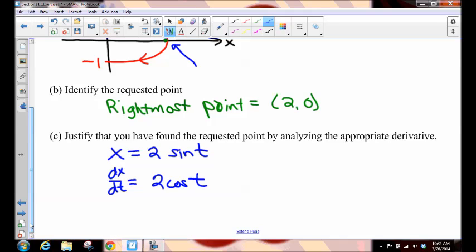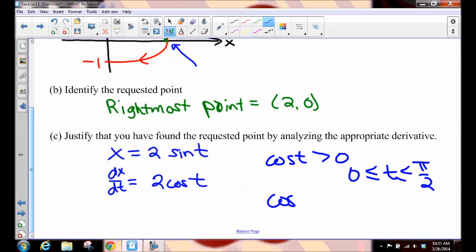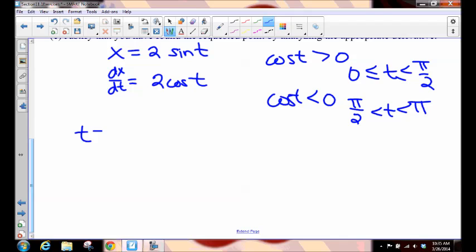Well, we know that cosine t is going to be greater than 0 for 0 less than t less than pi over 2, and that cosine t is going to be negative, or less than 0, for pi over 2 less than t less than pi. So we know that this extreme value is going to be occurring at t equals pi over 2. And then we just go back to our original equations and substitute in.